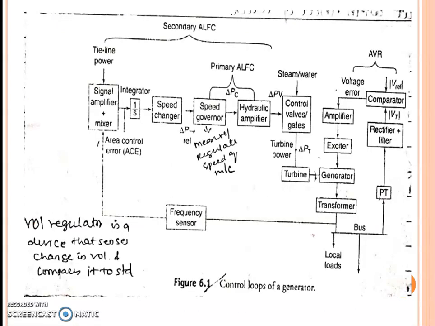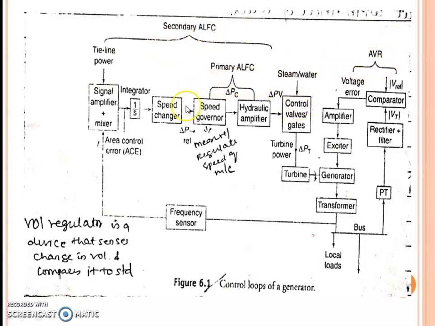To understand the control loops of the generator, this is the block diagram given for you. The block diagram is divided into two parts. One part is the secondary ALFC control loop, and the other part is the automatic voltage regulator.